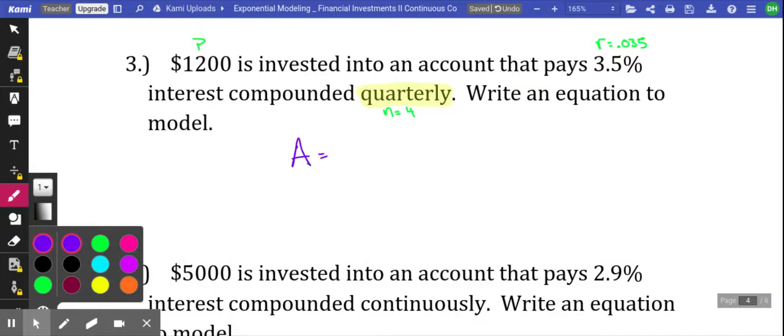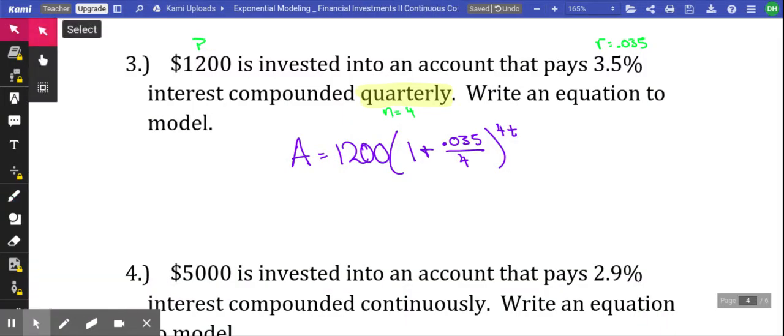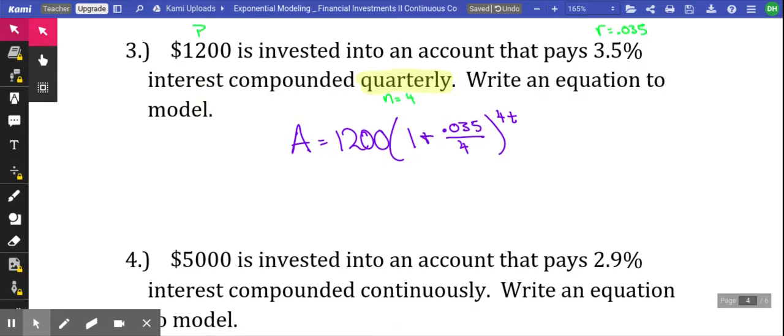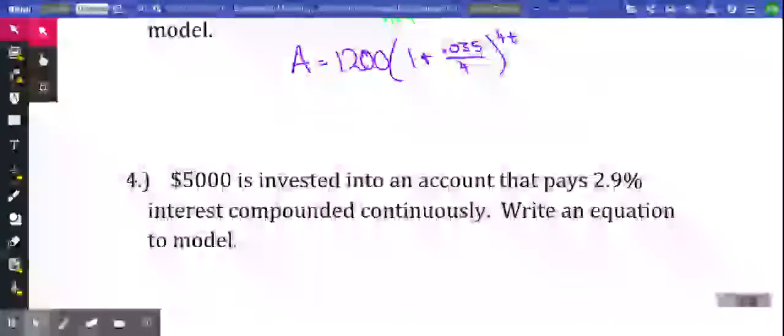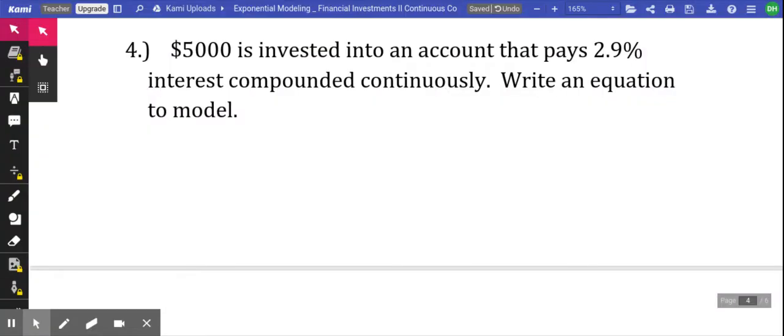The amount of money we've accumulated is equal to 1,200 times (1 plus my rate divided by my frequency) raised to the 4t power. Again, they'll either give me A and I can solve for t using logs, or they'll give me t and I'll plug it into my calculator and solve for A easily.